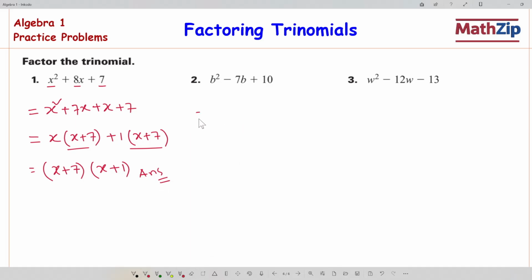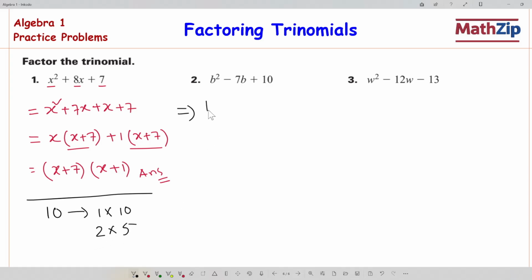Second one, b square minus 7b plus 10. So if we factorize 10, it will be 1 times 10 or 2 times 5, right? Now look, 2 times 5 is 10 and minus 2 and minus 5 will be minus 7.